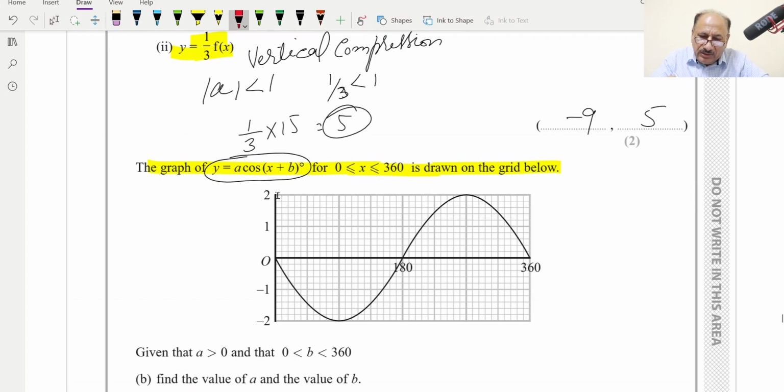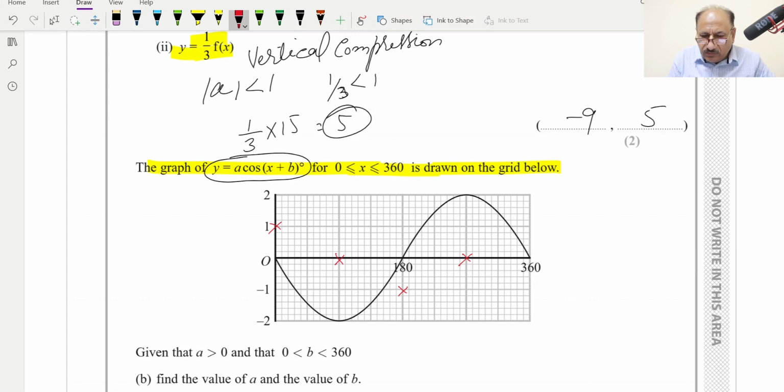If we draw the original graph of cos x, cos 0 will be 1, then cos 90 will be 0, so 90 is this point, and 180 will be minus 1 like this one, and then 270 and 360 will again be 1.